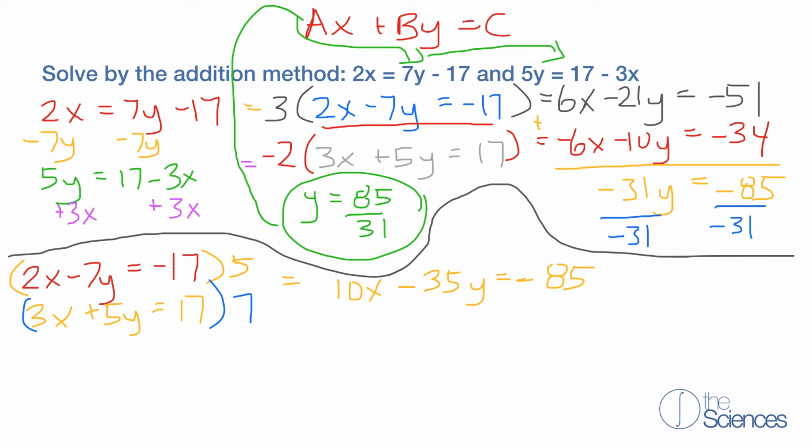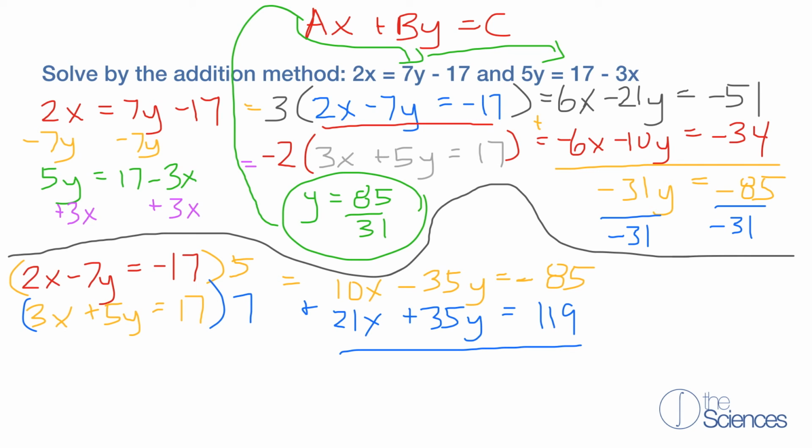So now we have 7 times 3x, which is 21x, plus 7 times 5 is 35y, equals 17 times 7 is 119.